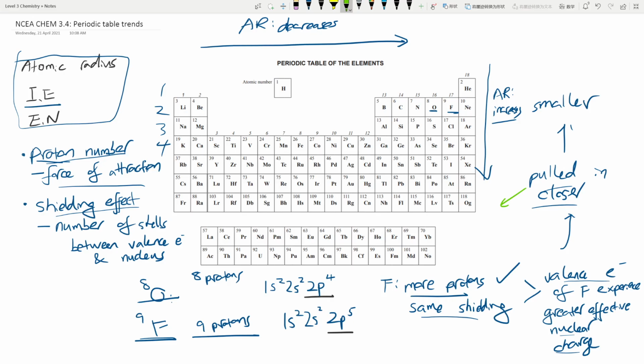Doesn't that make sense for ionization energy, that more energy is required to separate this force of attraction? So for first ionization energy, you need more energy to break this force of attraction. Ionization energy is the opposite: your first ionization energy increases as you go across a period, and decreases down the group, because it's the opposite of atomic radius.